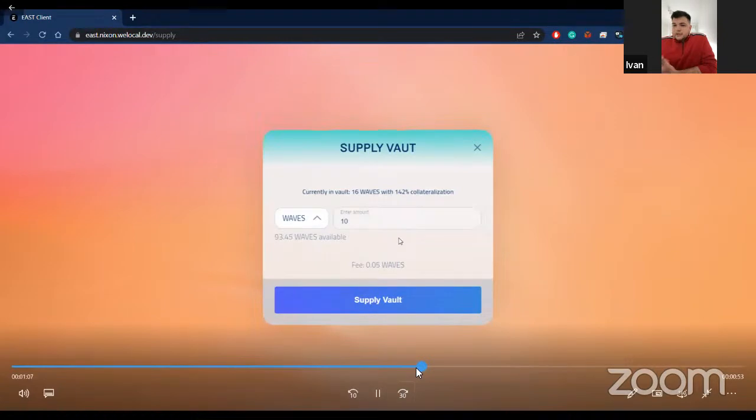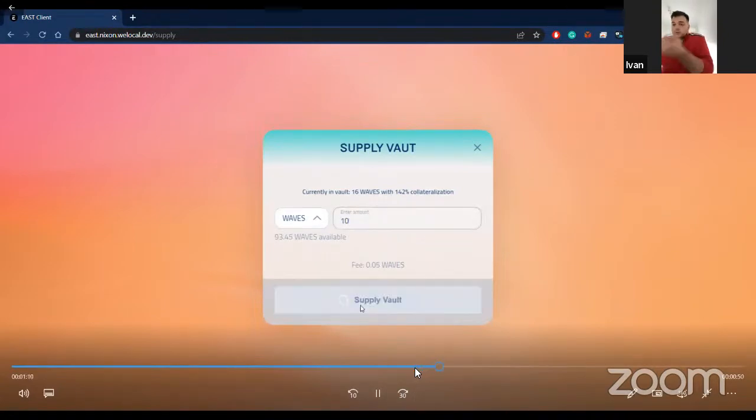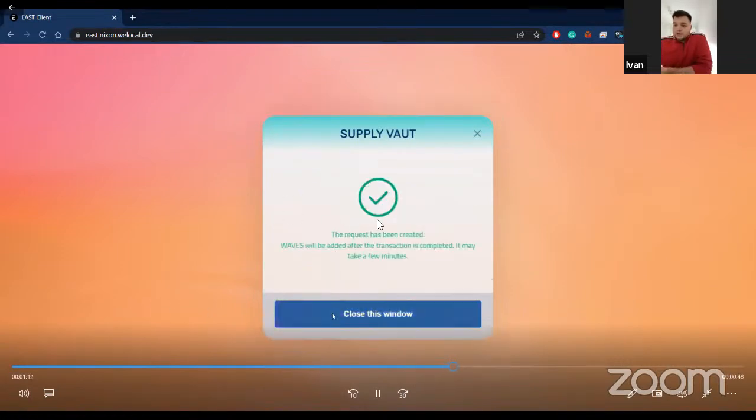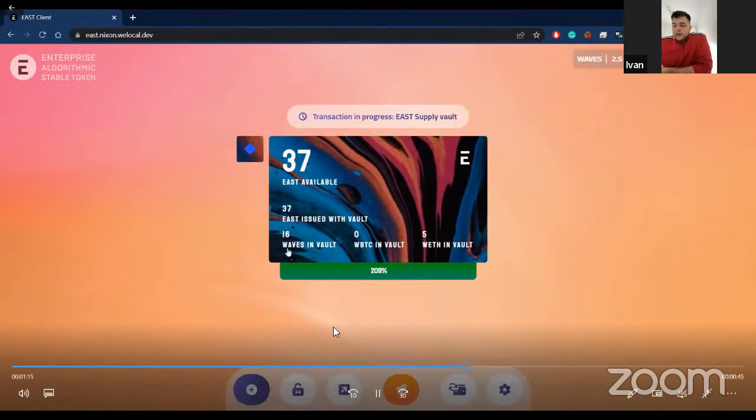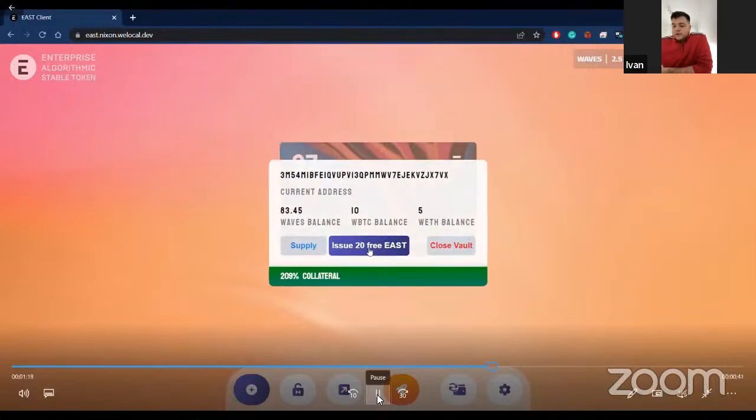We issued new ETH and now we want to add supply to the wallet. So we add an additional 10 Waves into supply, and after the transaction is approved, the number will change.